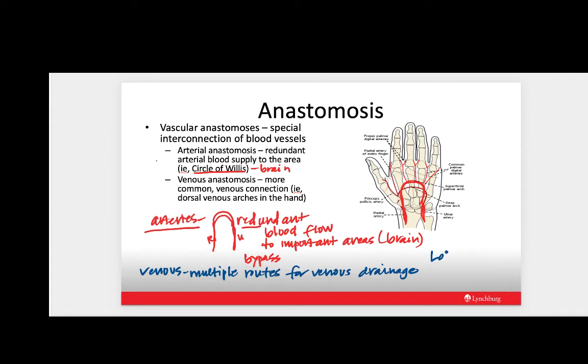And we have lots of these throughout the body. Where arteries, it's not quite as common. Venous anastomoses are very, very common because there's tons and tons of veins in the body. And they usually make these connections to drain specific areas.